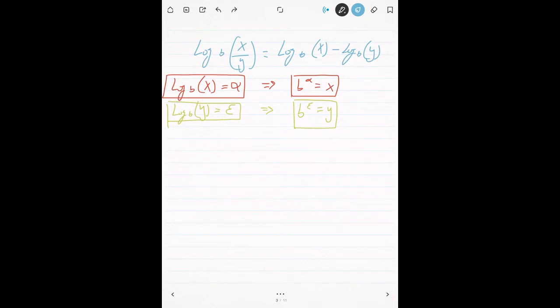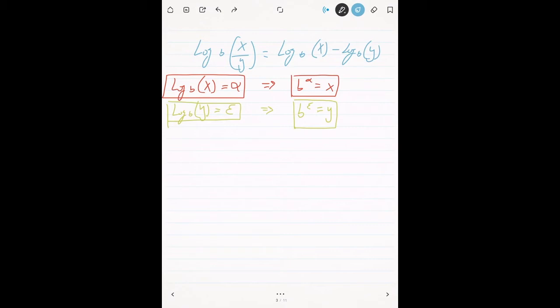So then I can say, all right, instead of having the logarithmic forms, let's convert it to exponential. I now know what x and y are equal to in terms of b, alpha, and epsilon here, okay? All that this is doing is giving me ways of visually representing things. This is like doing a substitution, like when we used to do systems of equations.